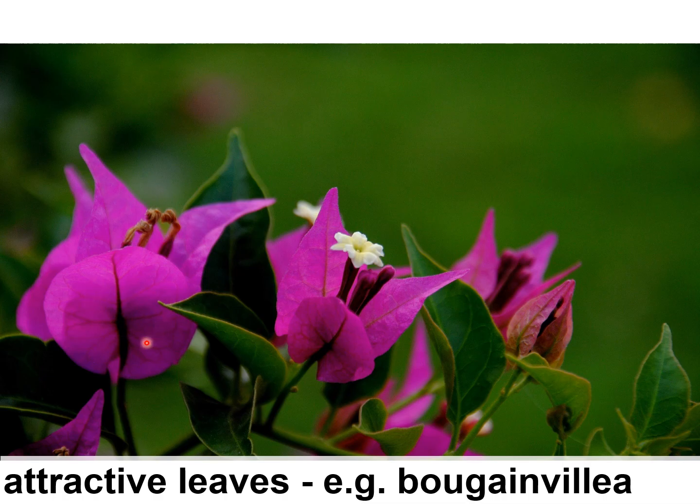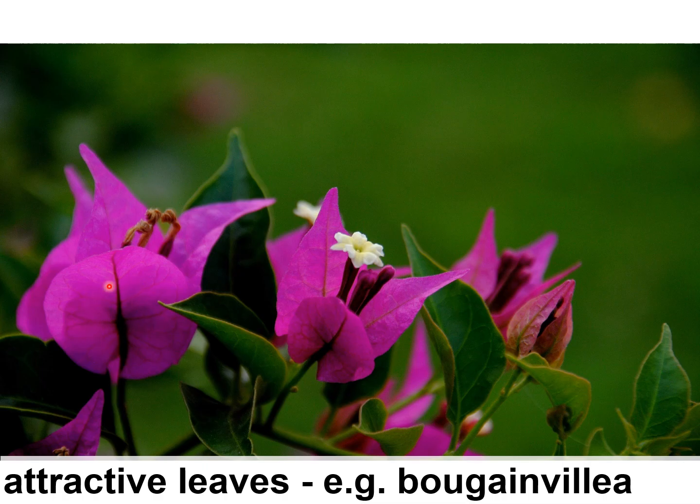Do you remember this plant? This is the attractive leaf. The attractive leaf can be found in some species. This is a modified leaf with a different color, modified to be a colorful structure that looks like a petal.